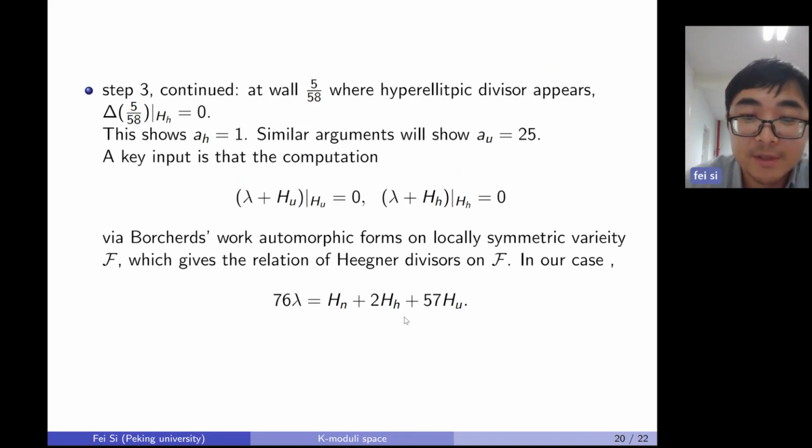In our case, it gives us this relation. Here, Hn is just the nodal divisor. It parameterizes the del Pezzo pairs where the curve has only 1 node, but the surface is smooth. Okay. Then after this, we finish the proof of our second main result.